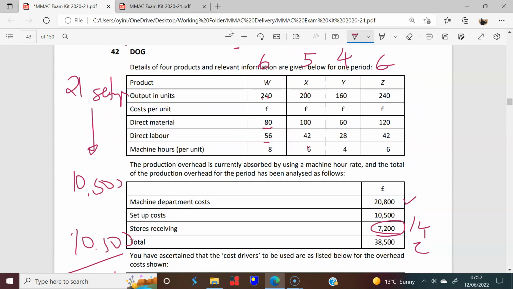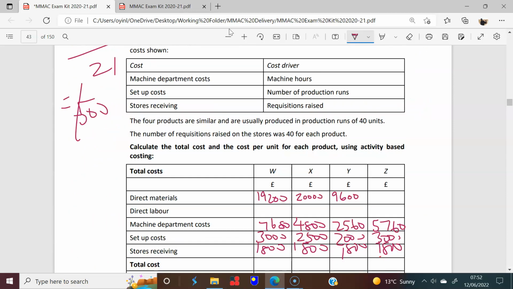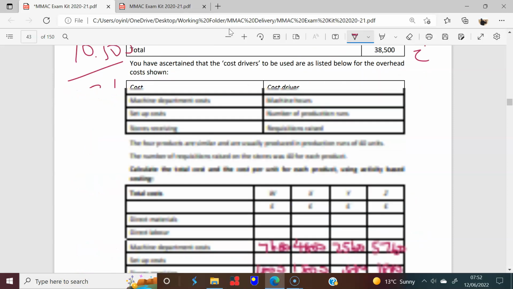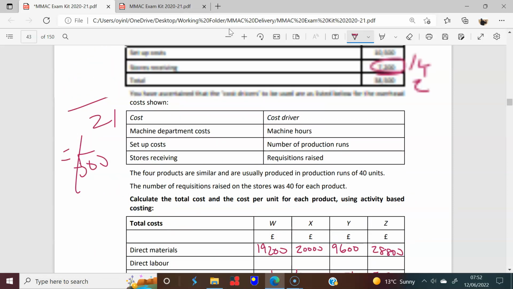Then 240 times 120 is 28,800. 160 times 60 is 9,600. Yes, so that's that.